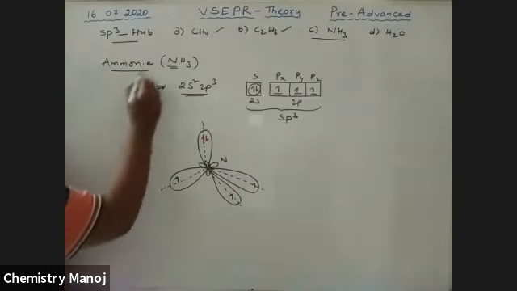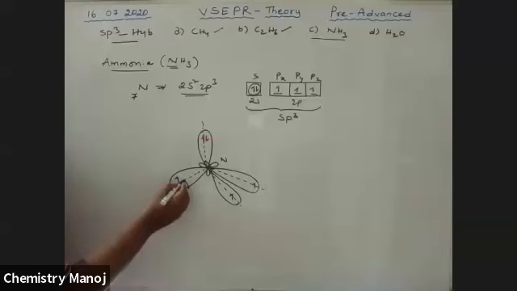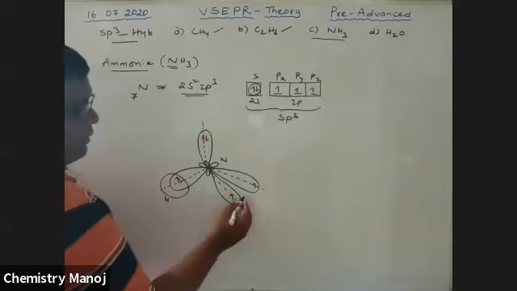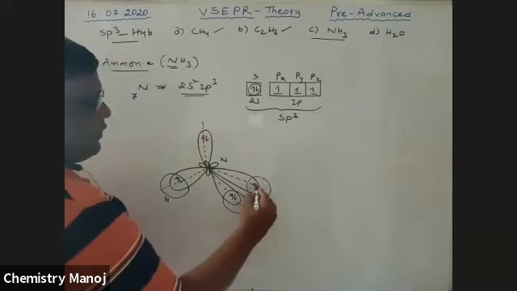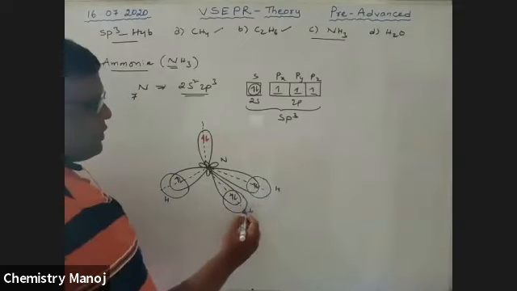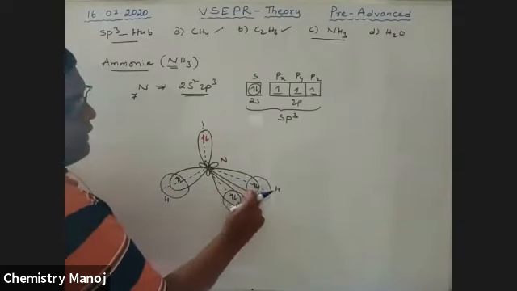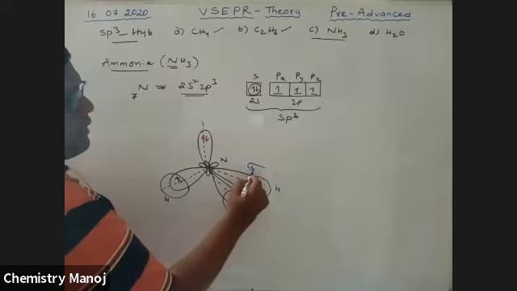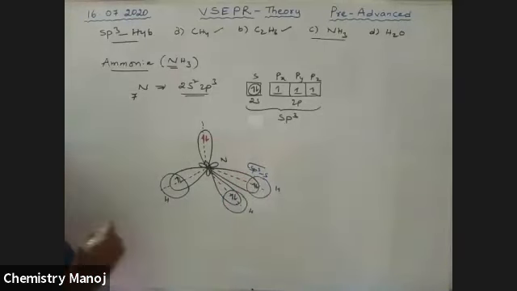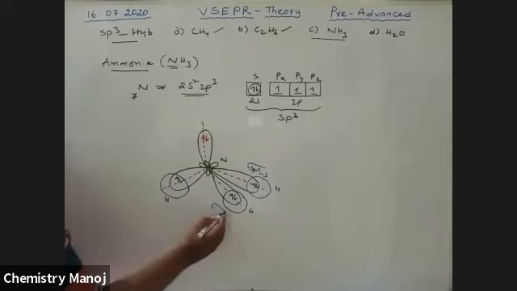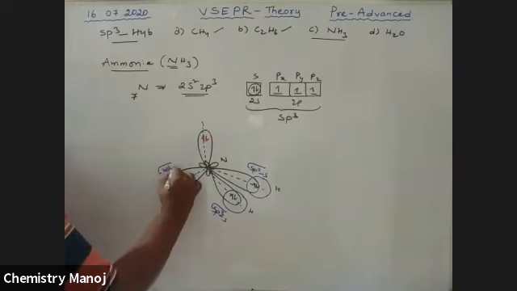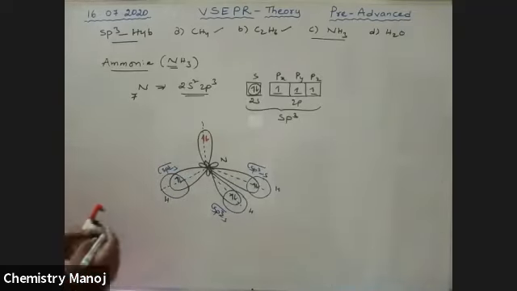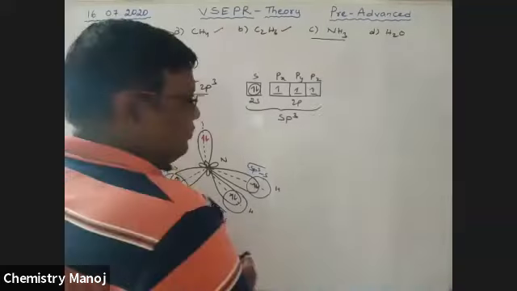There are 3 hydrogens, each with its s orbital. The bond formed is a sigma sp3-s bond. It is also sigma sp3-s, sigma sp3-s bond.